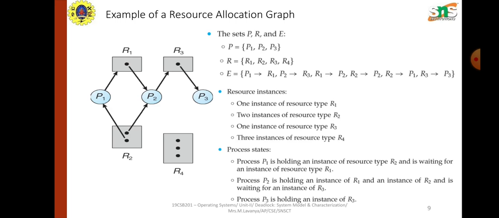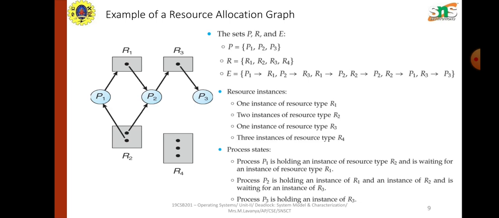And there are multiple edges: from P1 to R1, R1 to P2, P2 to R3, R3 to P3, and from R2 to P1 and simultaneously R2 to P2. These are the edges available in this resource allocation graph. The resource instances I have already discussed: R1 and R3 are single instance, R2 has 2 and R4 has 3 instances.